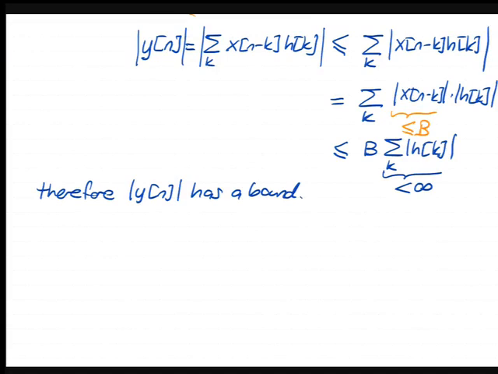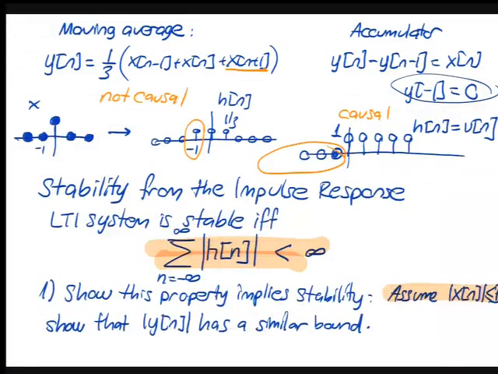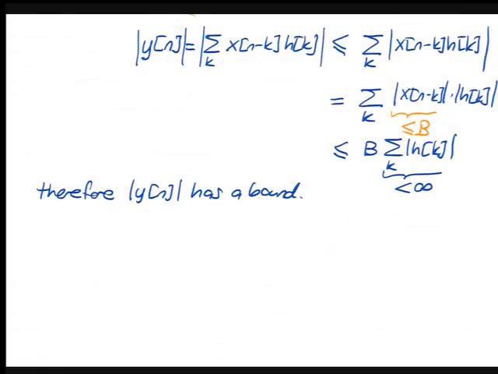Well, we have two assumptions, right? First, the property we want is there. Second, the inputs are bounded. So each input value is smaller than b, and that's what we use. Y is bounded because, do you agree with all the steps up to the last one?